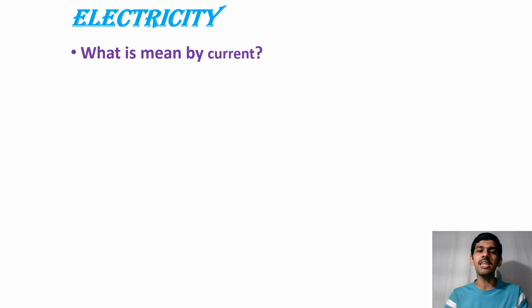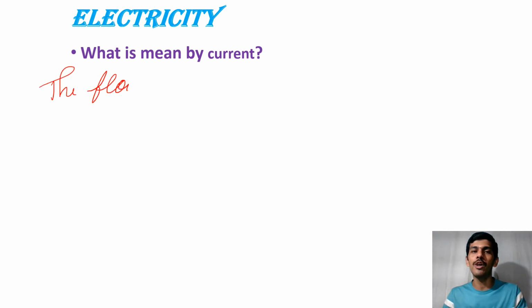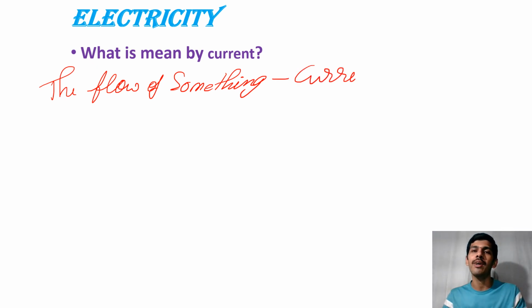If you search in the dictionary about the general meaning of current, it says that the flow of something is called current. In general meaning, flow of something is called current.